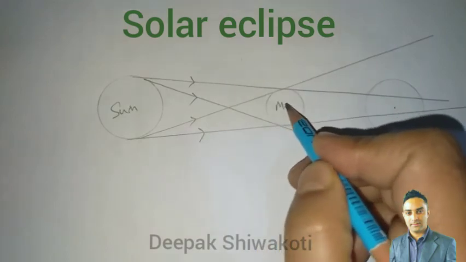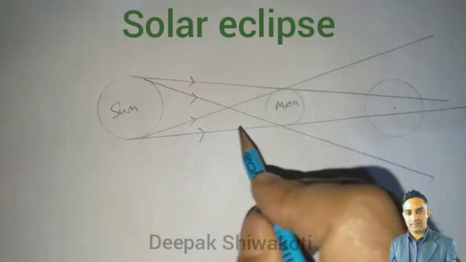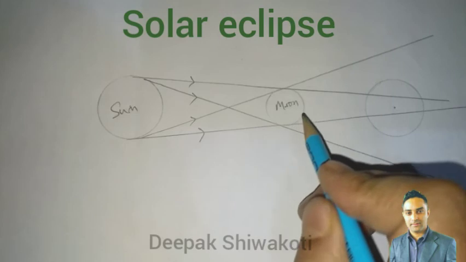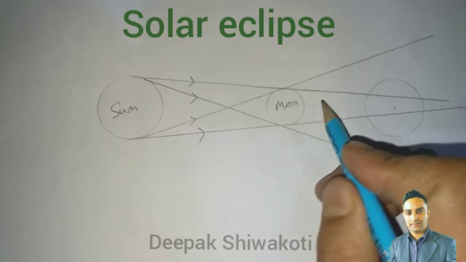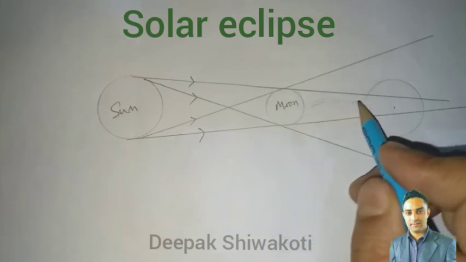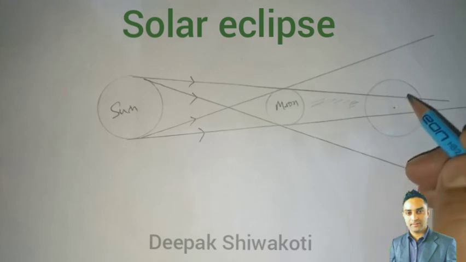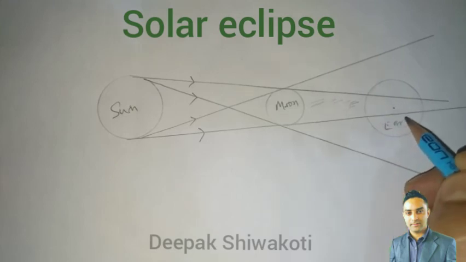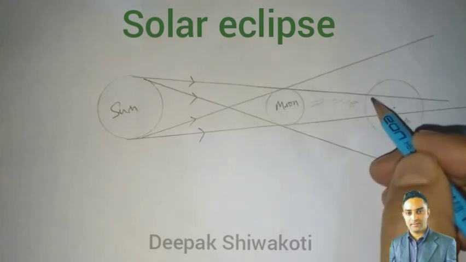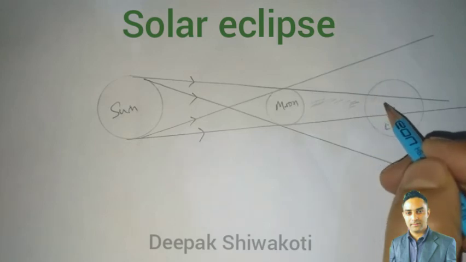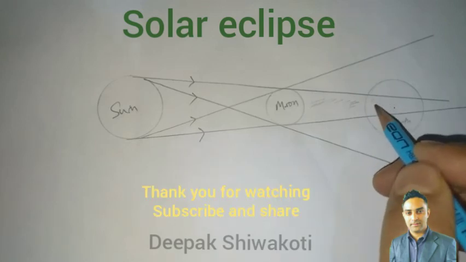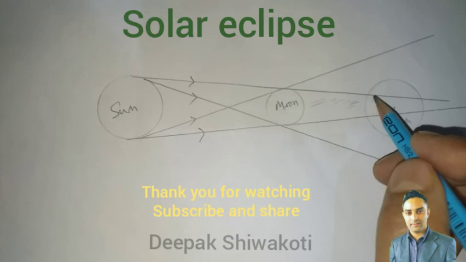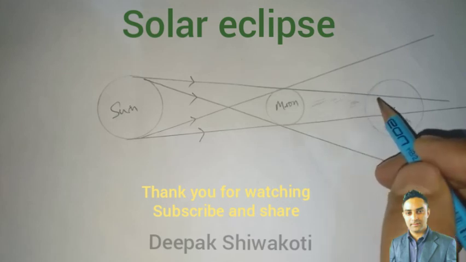This is the moon, and the umbra region is here. Some part of the earth will come under this umbra region. So when we see a solar eclipse, we see it from some particular place.